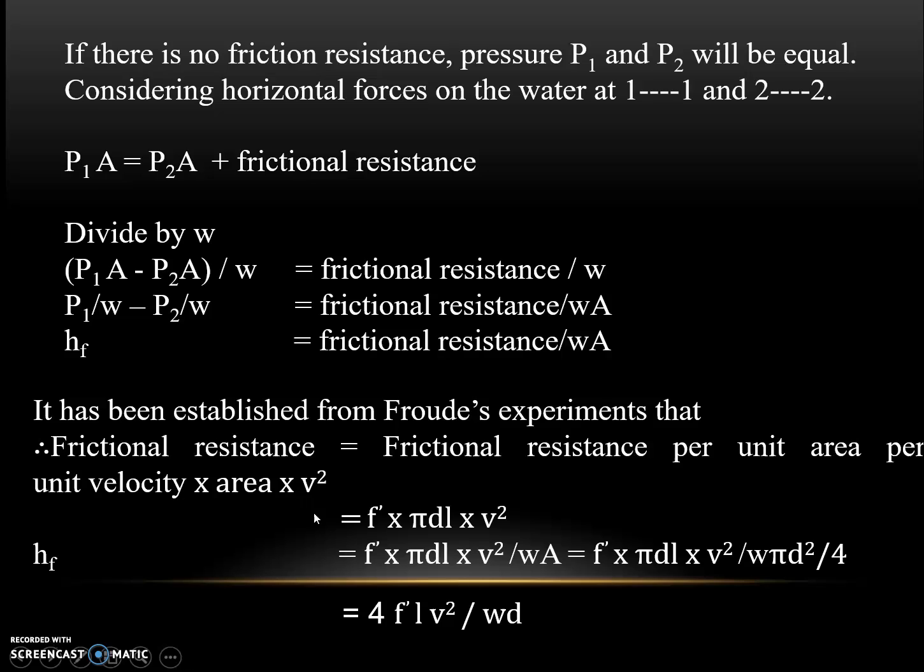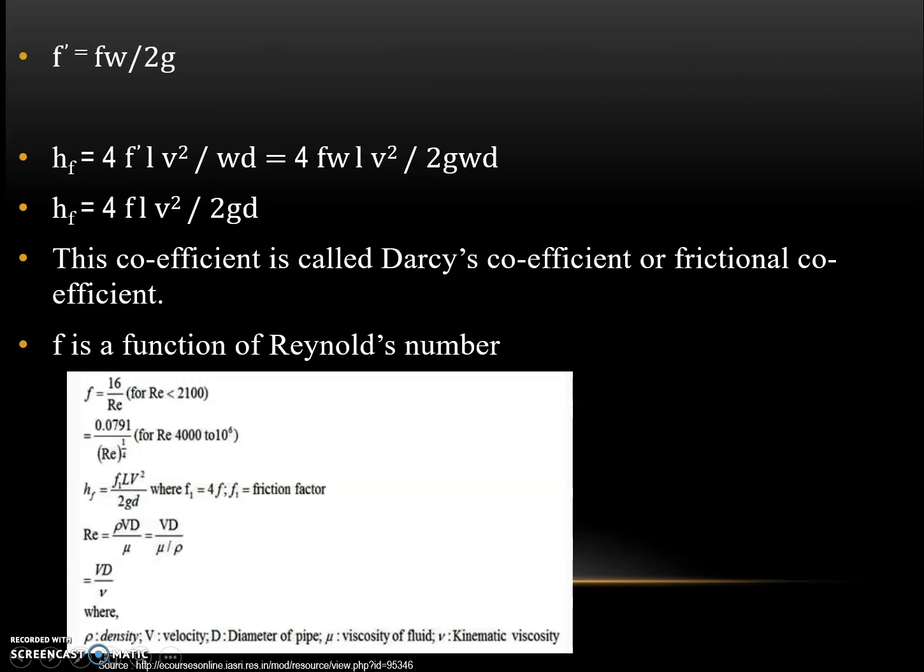So, frictional resistance will be F dash into pi dl into V square, which is equal to F dash into pi dl into V square divided by W into A, because HF is frictional resistance divided by W into A. So, once we rearrange, we get HF equal to 4 into F dash LV square divided by W into D. F dash is equal to F into W divided by 2G.